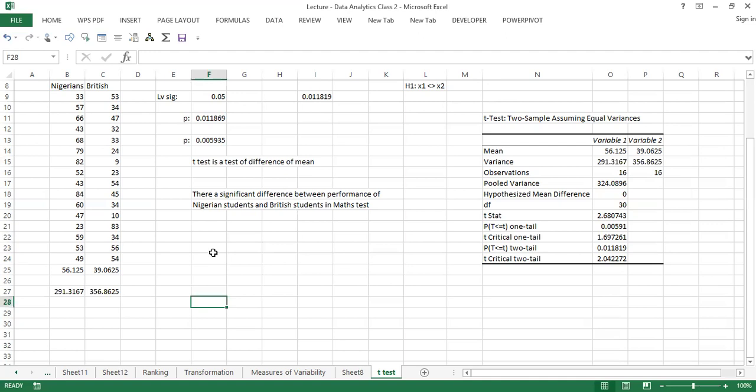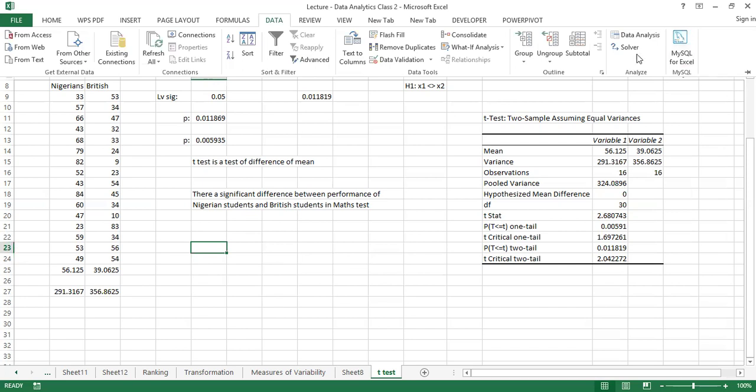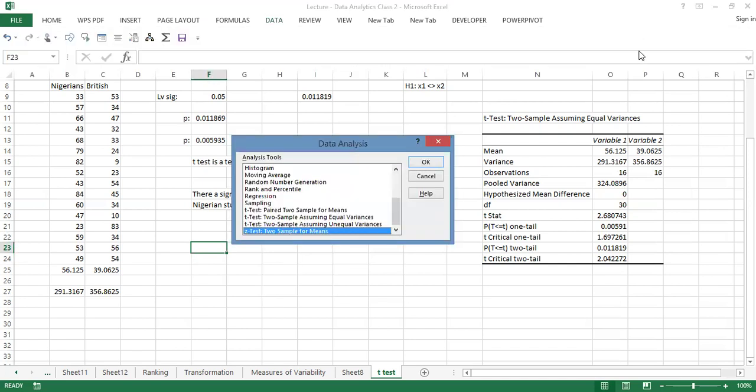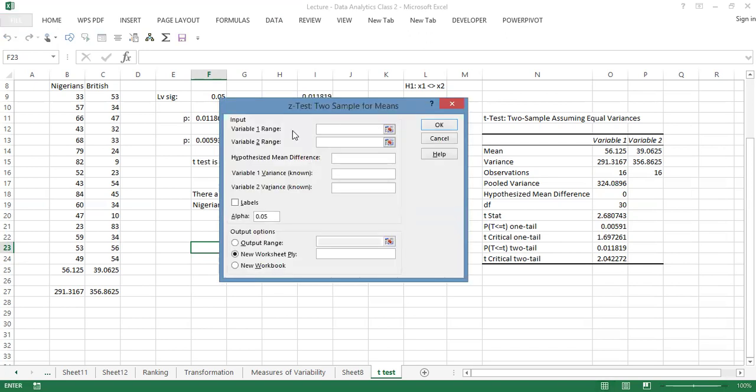Okay, so let's do a z-test and see what it's going to give us. It's asking us for the first range. Let me select the heading this time. Second range, that is the second sample.